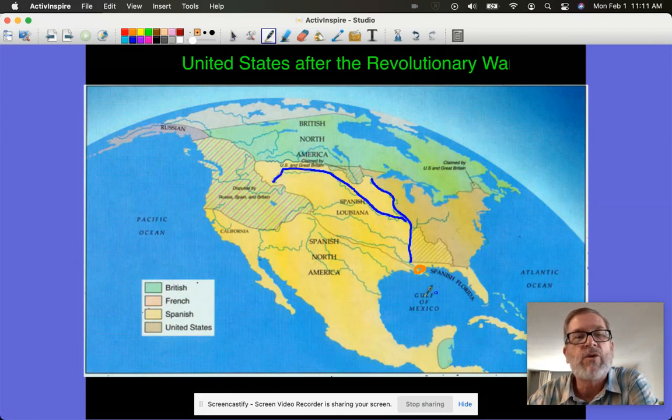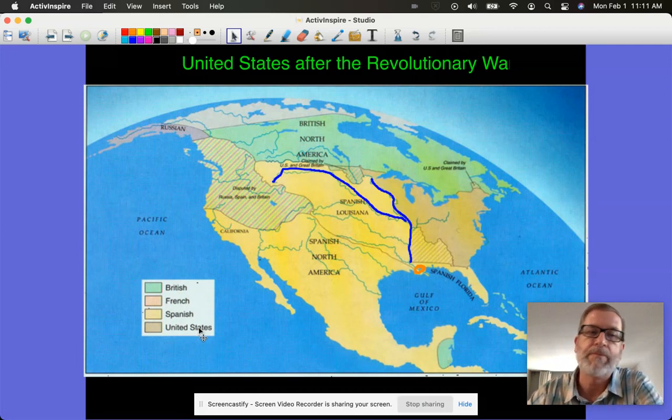So again, as you can see, the major influences here are the Spanish, and the Spanish have all this land, but it doesn't necessarily mean that they control it physically. That's something to keep in mind. The Spanish are all the way in Europe, along with these other powers like the British, the Russians, and the French, but it doesn't mean that they have a lot of people living here.